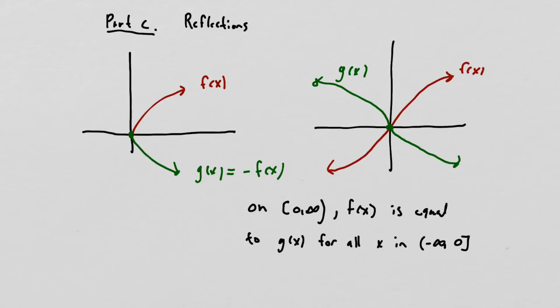So algebraically, what this is saying is that g of x is going to be equal to f of negative x on the interval negative infinity to 0. And what you can notice is that this is actually going to hold for the entire interval here. And with this, let's go ahead and summarize how to reflect along the x and y axis.